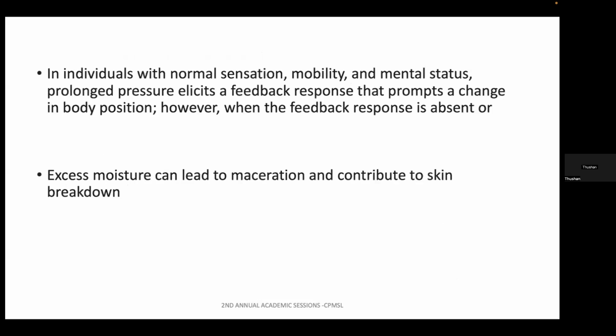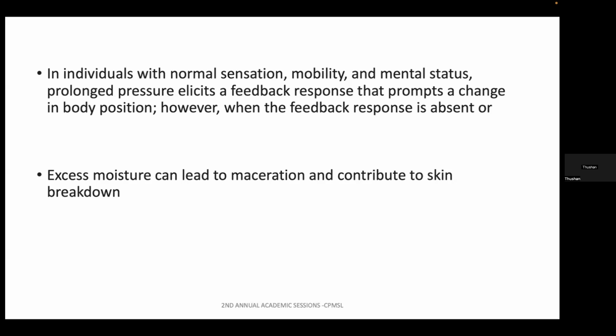Now, normally, if we have injury to tissue, we have a feedback response that makes us want to move. If there's a lot of pressure, if we start getting some pain, we move around. Therefore, this problem happens in people who do not have that feedback response or who can't respond to that stimulation.